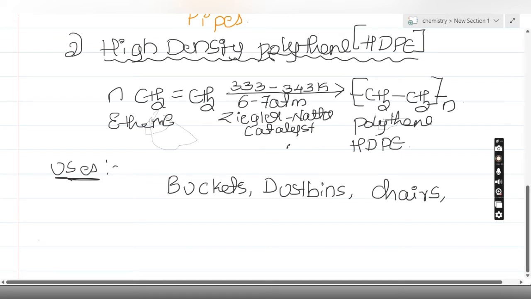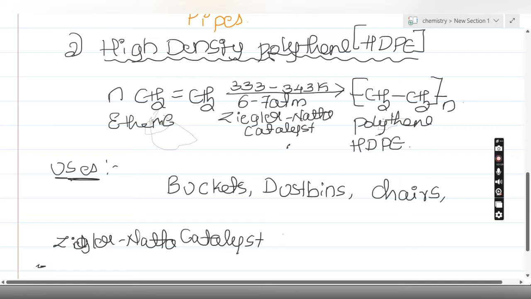Then I told you that the catalyst we call Ziegler-Natta catalyst. This is the special catalyst that is used in the preparation of high density polyethylene. What is the composition of this Ziegler-Natta catalyst? It is triethyl aluminium and titanium tetrachloride, a mixture of these two.